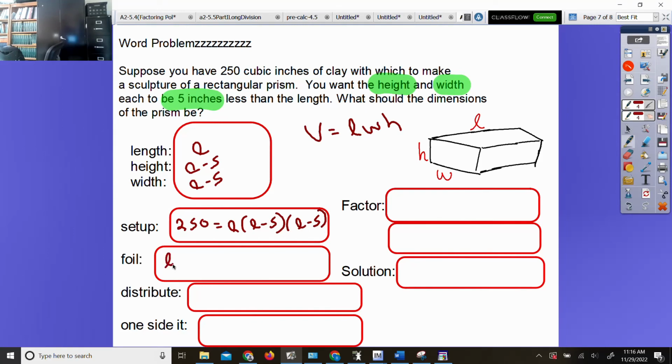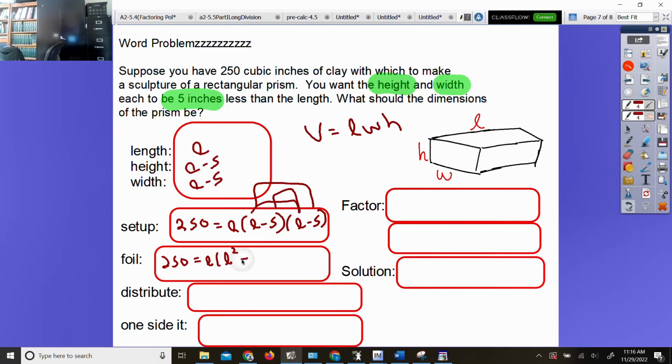L squared, plus 5L, minus 5L, and then plus 5L. First, that would be your L squared. And then outer, minus 5L. Then there's another minus 5L. So what's minus 5L minus 5L?